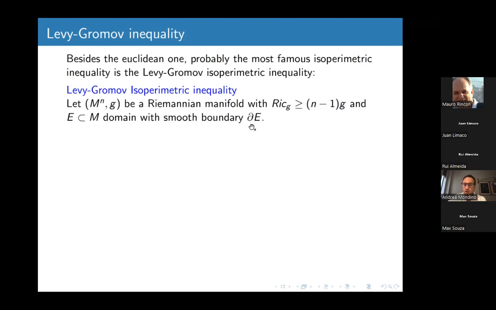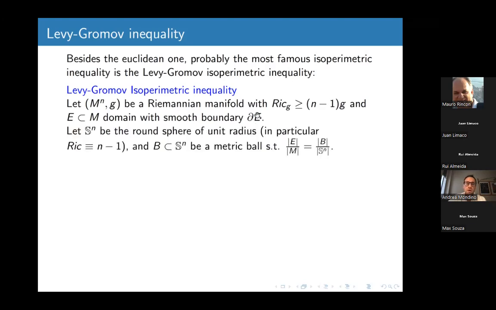Now, we have a manifold with Ricci bounded below by n-1, and we take a domain E with smooth boundary for simplicity, but say a finite perimeter set would be enough. And then we want to compare the perimeter of the set E with some model subset in some model space.